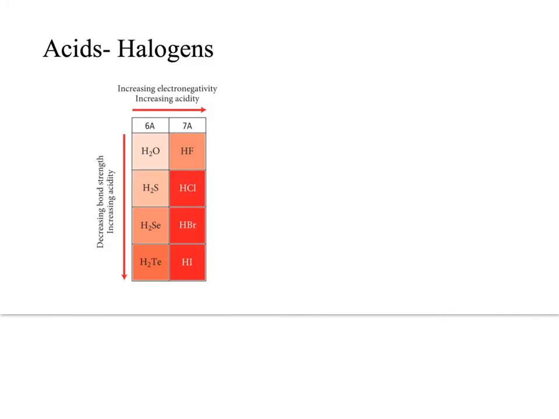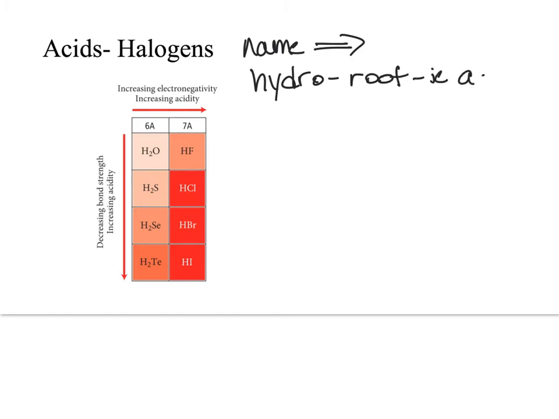Right, our first category are the acids that are made from halogens. And the way that we name these is to say hydro, then the root of the halogen, ic acid. So HF becomes hydrofluoric acid.